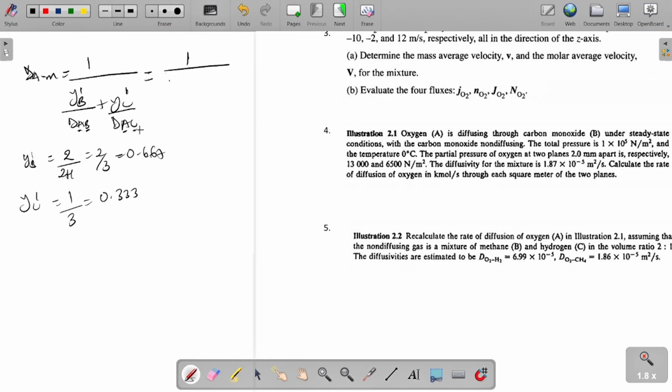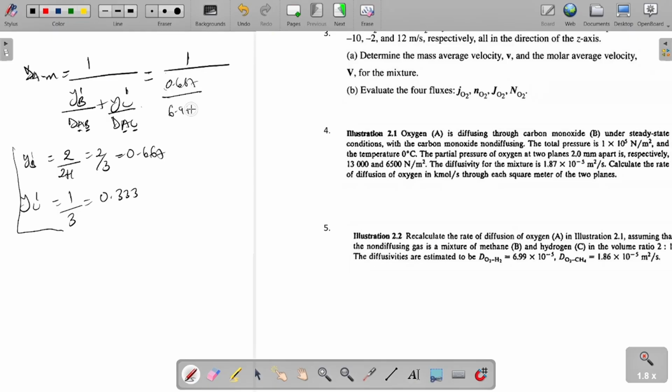We can have the mixture to be maybe 3 gases, so you can also add another one, but just make sure you be able to calculate these ones that you have over here, right? Sometimes they can give you more fractions, right? So you just use that one to calculate for these ones. But here becomes 0.667 divided by, so the DAB was given as 6.99.